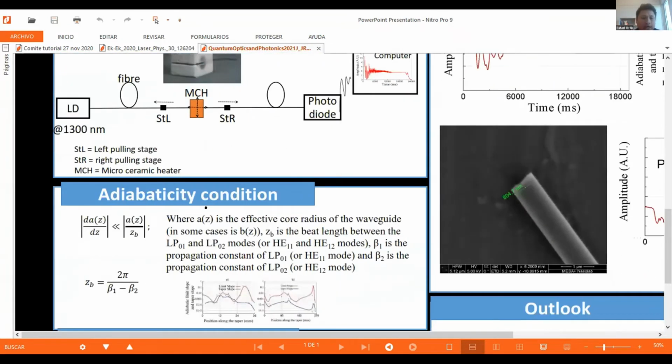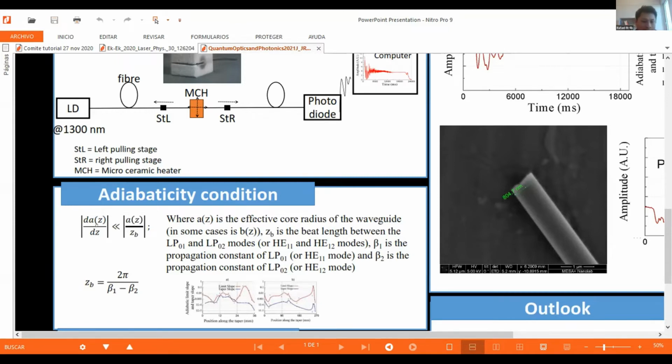Another thing, we're studying if our tapers are adiabatic or not. So we use this equation, which means that we have two limits. The left part of the equation is for the mixed modes that we have in the fiber.